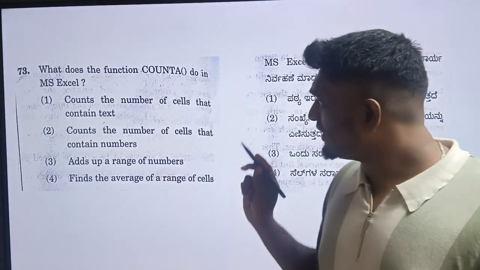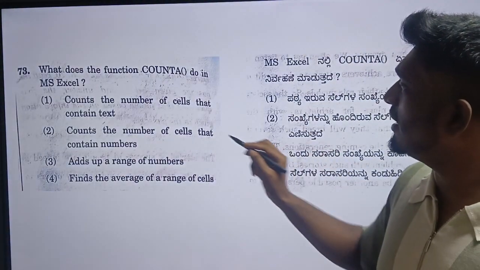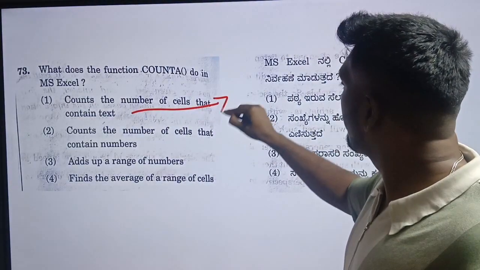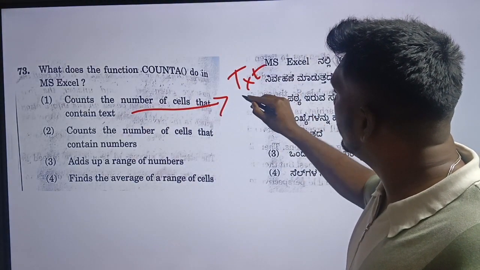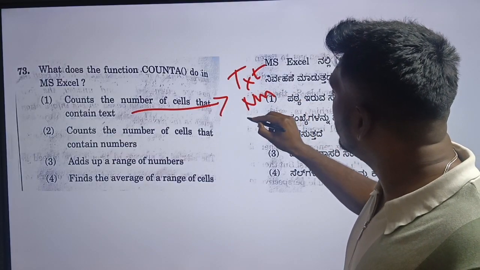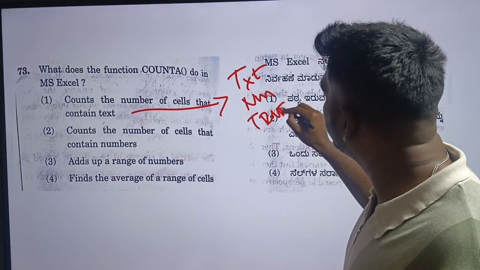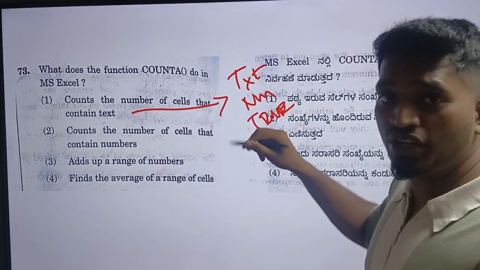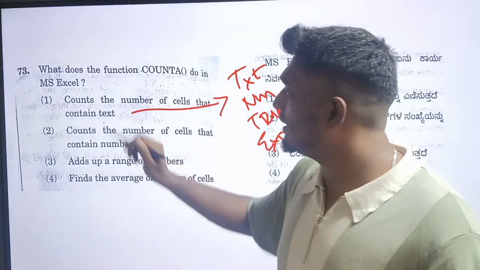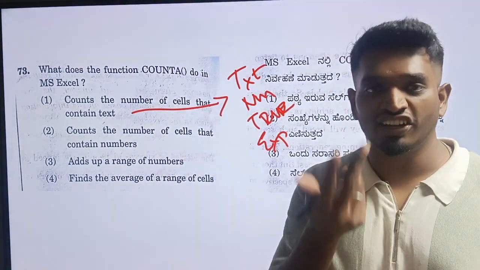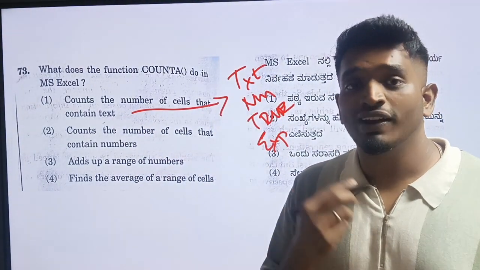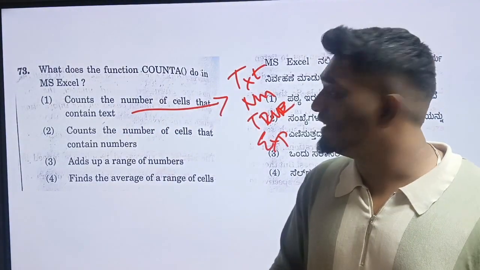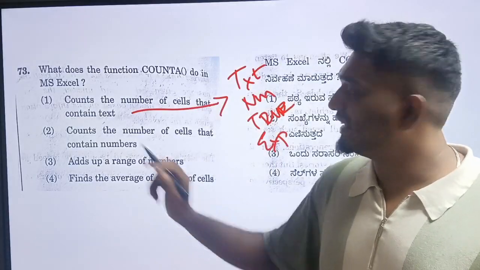Here text can be text, it can be a number, it can be a true or false boolean, it can be an expression. It counts all of these. It is a little trick: what I said was non-empty cells. So this is nothing but counting the number of cells.